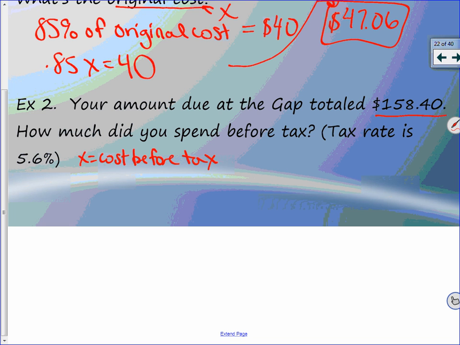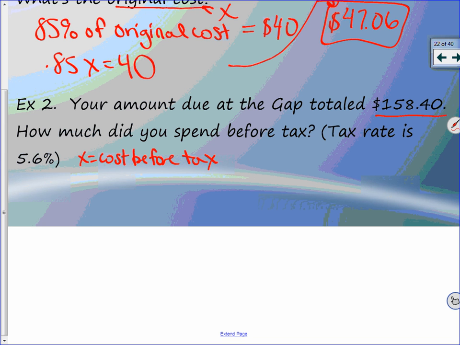By 158. Now, let me ask you this. When you calculate tax, do you calculate it on the cost of the clothes? Because this is the cost after tax has been added in. Do you see how you're kind of putting the chicken before the egg?